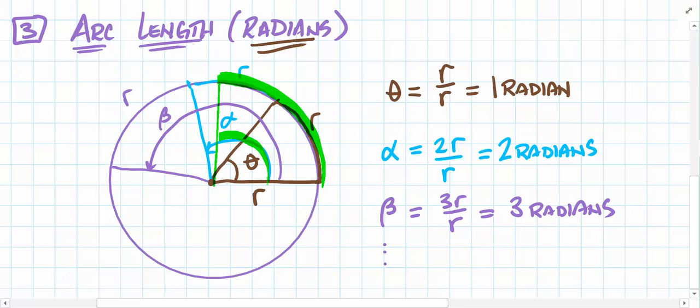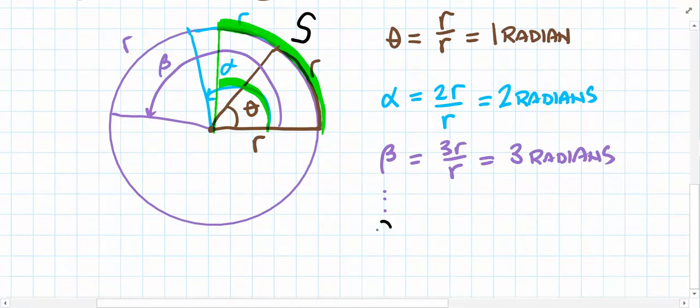I'm going to call that length, the green length, S. So what do I do? I shouldn't use theta because I already used theta. Which one haven't I used yet? Delta. I haven't used delta. Okay. So this angle here, let's just call it delta.